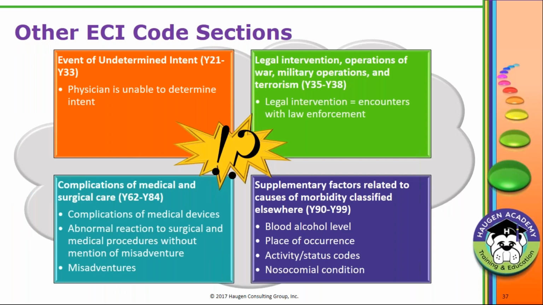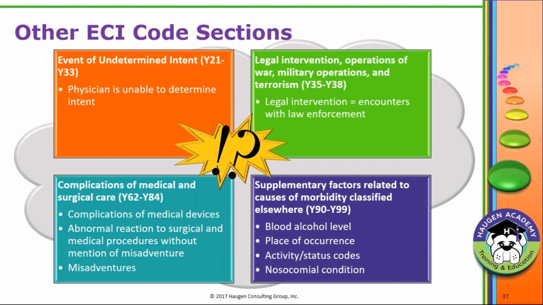Your other ECI code sections, we do have an entire code section dedicated to events of undetermined intent, where the physician specifically says, I don't know if this was accidental or if it was suicidal or if it was assault. We have codes for legal intervention, operations of war, military operations, and terrorism.